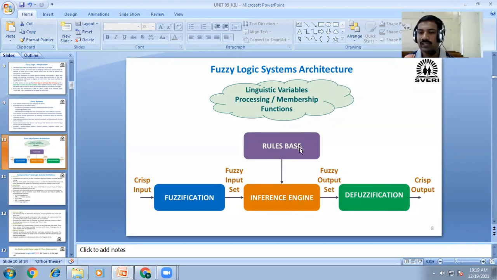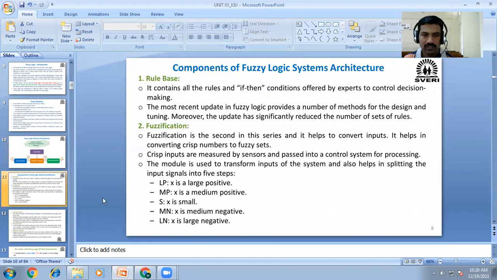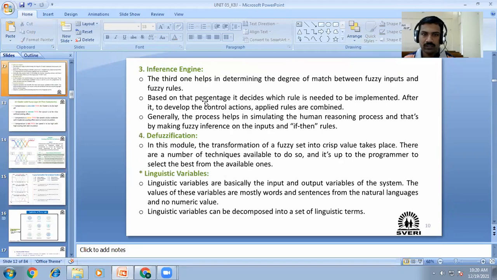The rule base uses conditional statements like if-else, if-then. In fuzzification, the crisp input is converted into a fuzzified set to be provided to the inference engine. Next are the inference engine, defuzzification, and linguistic variables.